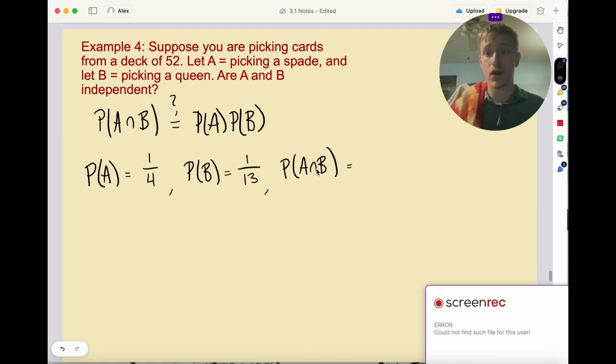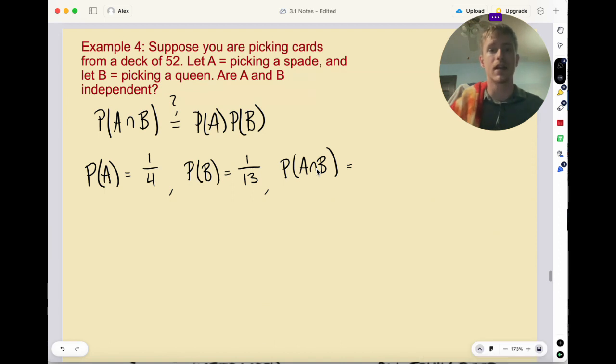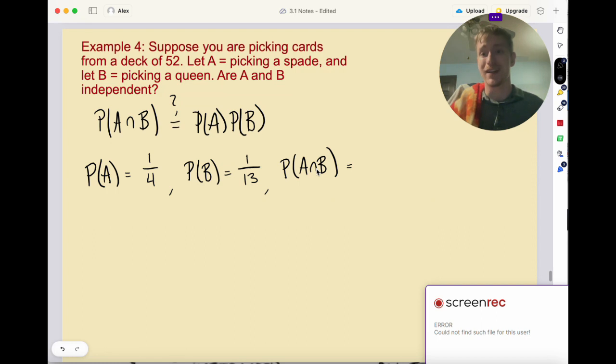Well, the probability of their intersection is the number of ways that can occur divided by the total number of outcomes. How many different ways can you pick a spade that's also a queen? That can only happen in one way. There is only one queen of spades, and there are 52 total cards.